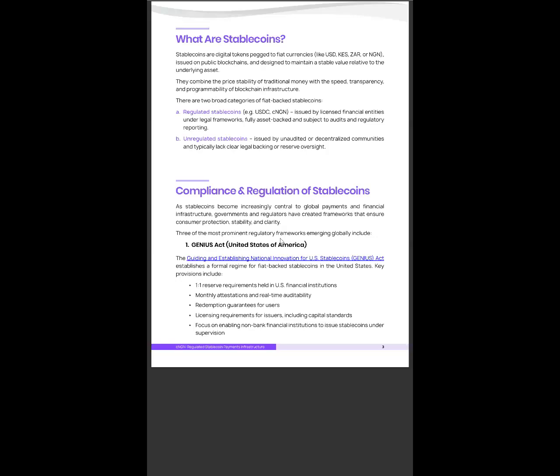It effectively means that one stablecoin is equal to one unit of the underlying currency, depending on the specific underlying currency. In our case with the cNGN, one cNGN is equal to one naira.